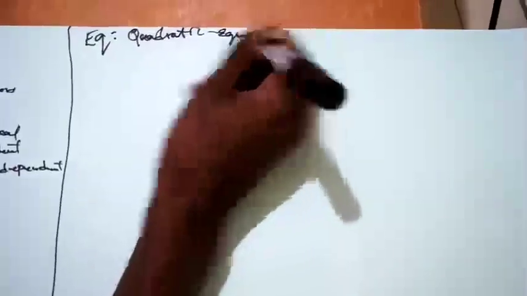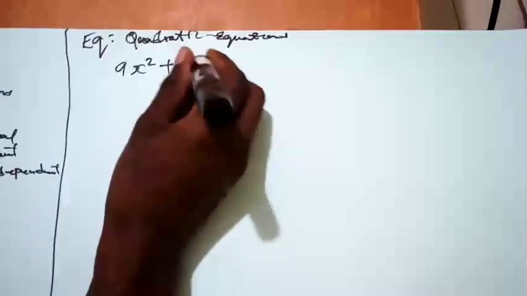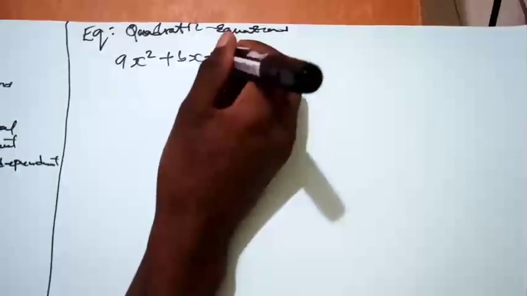So for example, we can talk about what we used to have, the quadratic equations, whereby you are told ax squared plus bx plus maybe c equals 0.